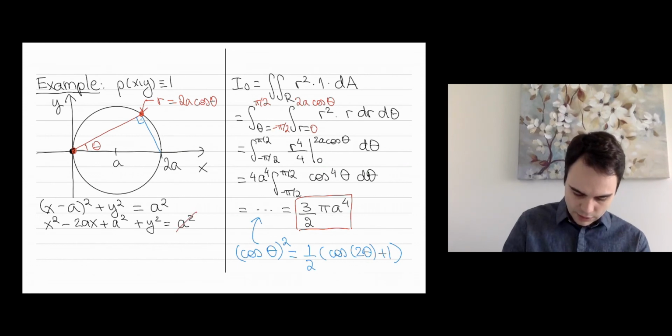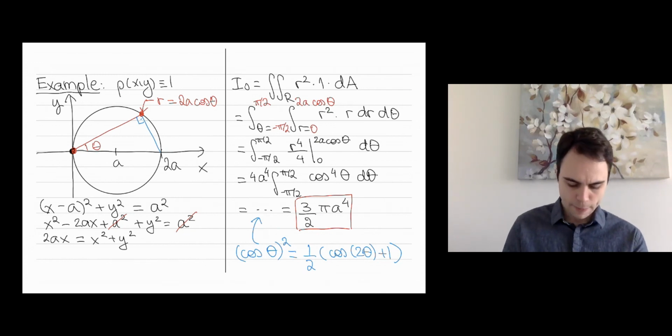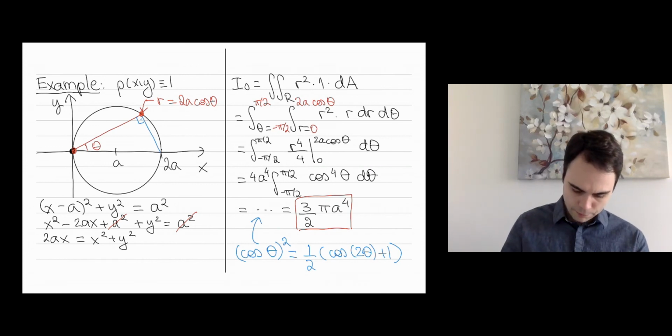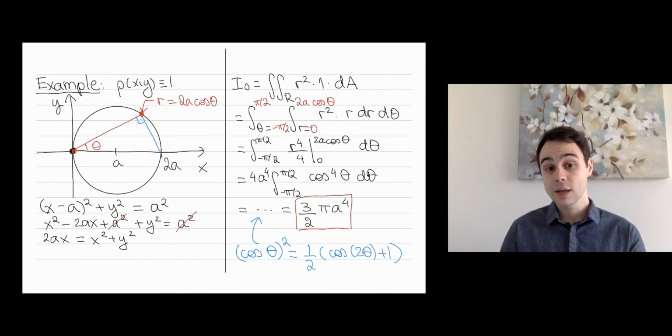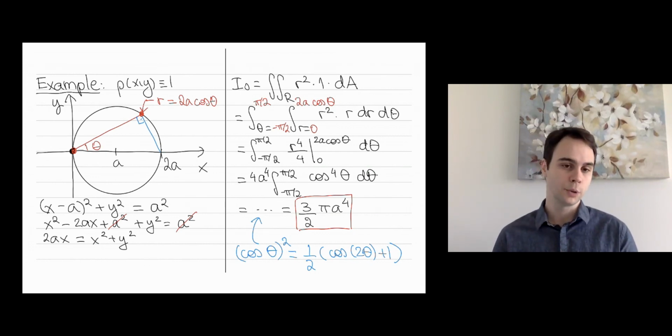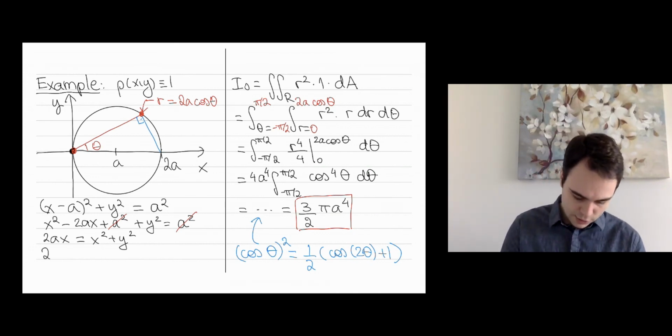Now let me cancel a squared from both sides and move 2ax, and I get that 2ax is equal to x squared plus y squared, just rearranging. Now that I've simplified this equation, let me rewrite it using polar coordinates. On the left, I get that 2a times r cosine theta is equal to r squared.